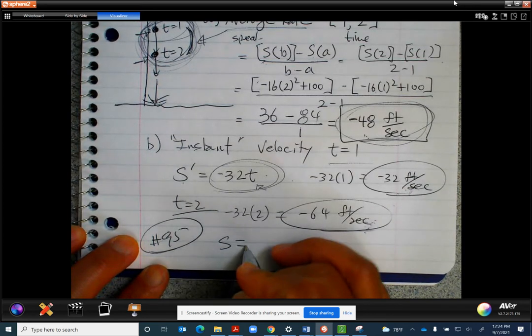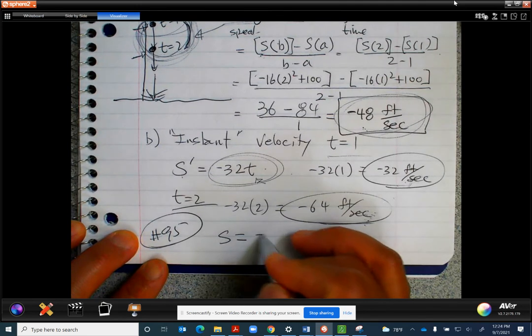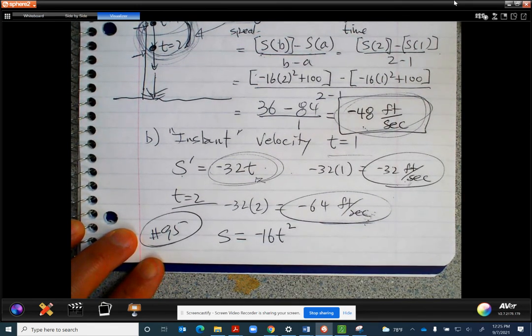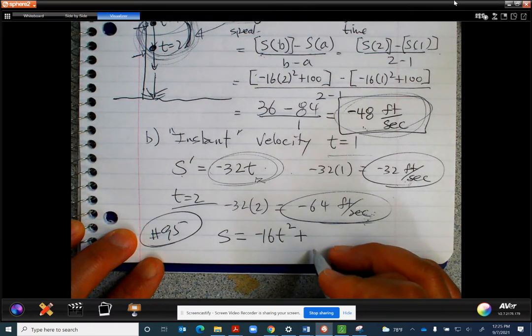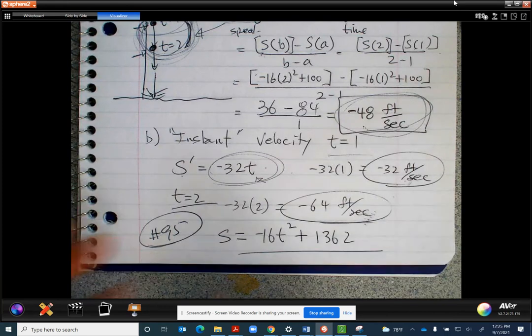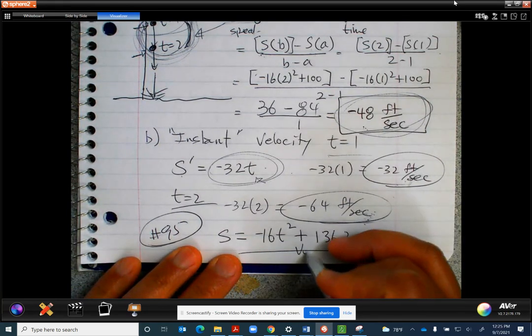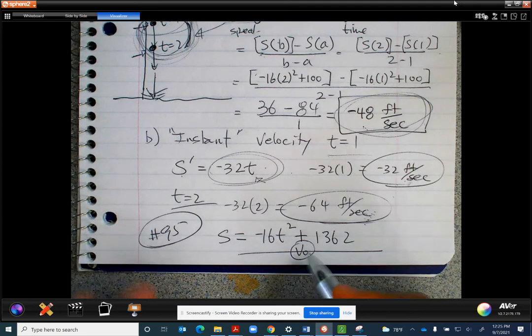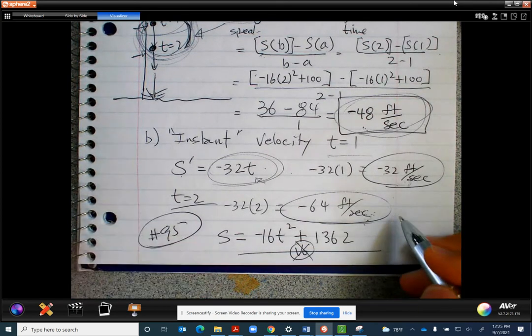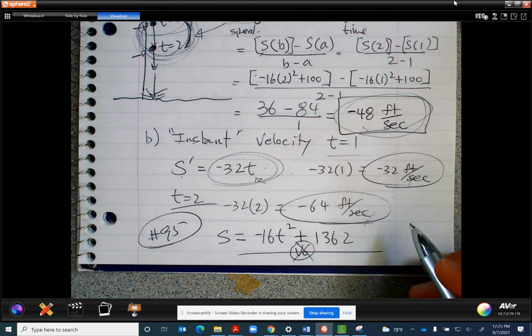S is equal to negative 16t squared plus 1,362. There it is. Okay, why are we missing V naught? Can someone tell me why we're missing V naught? Because I'm holding on to the ball and I'm just letting it go.